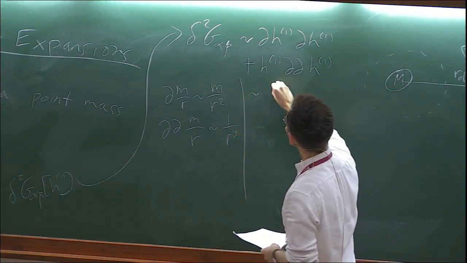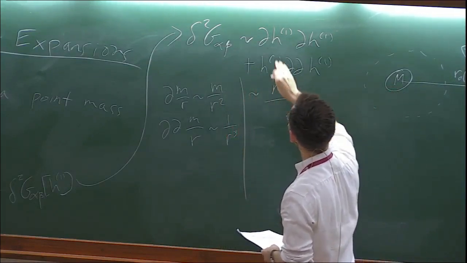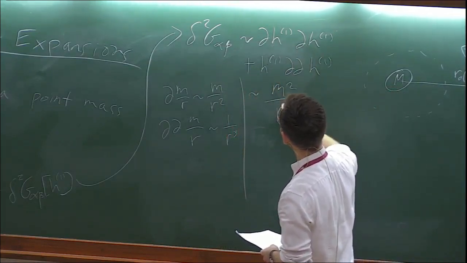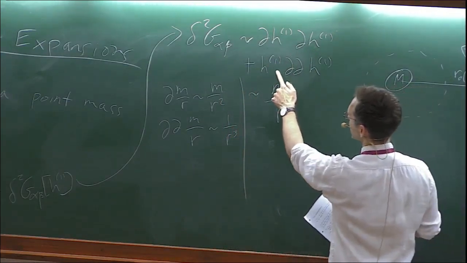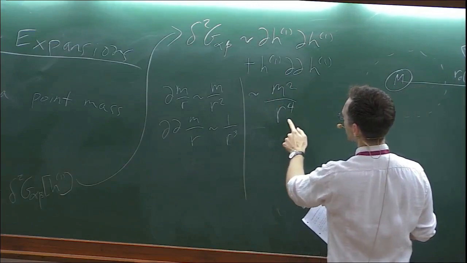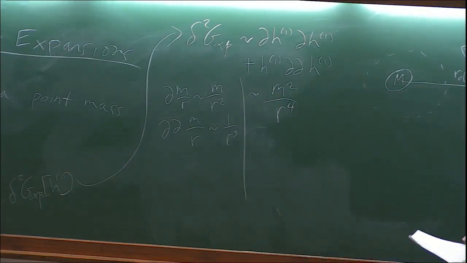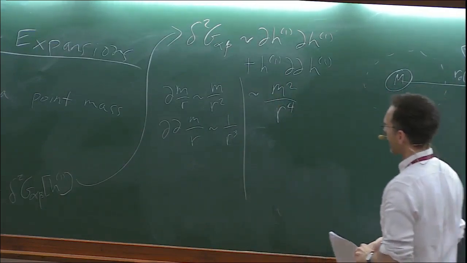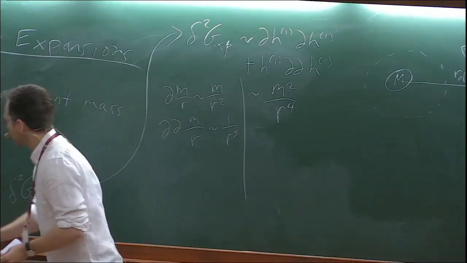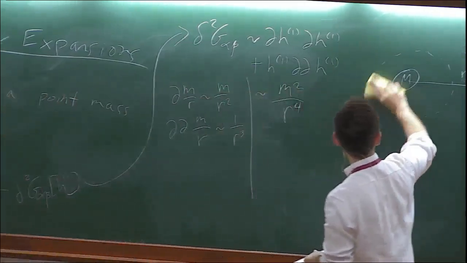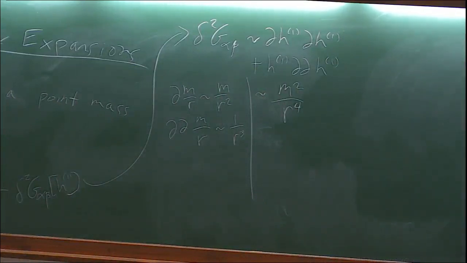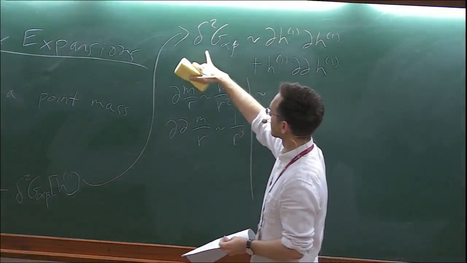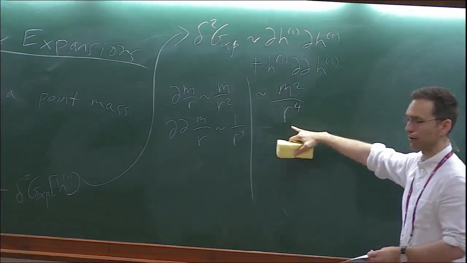So that's m squared from the two factors of h over r to the 4. In this term you have 1 over r times 1 over r cubed, so you still get 1 over r to the 4. Now this divergence is so strong that this quantity is not well defined as a distribution in a region that includes r equals 0.